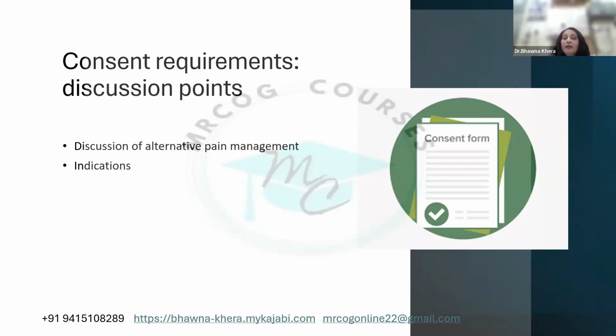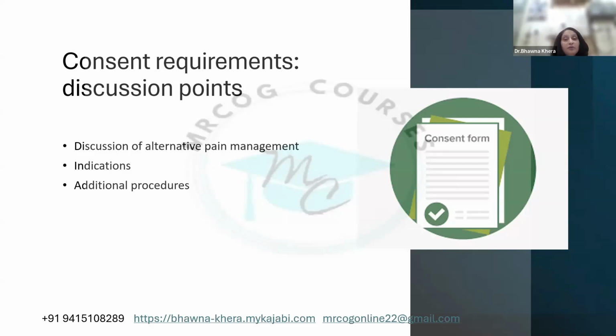So these can be required. So basically, when we are counseling the patient for the consent, we have to discuss the alternative pain management pathways. What is the indication for the patient? That should be appropriately mentioned, and she should be counseled.